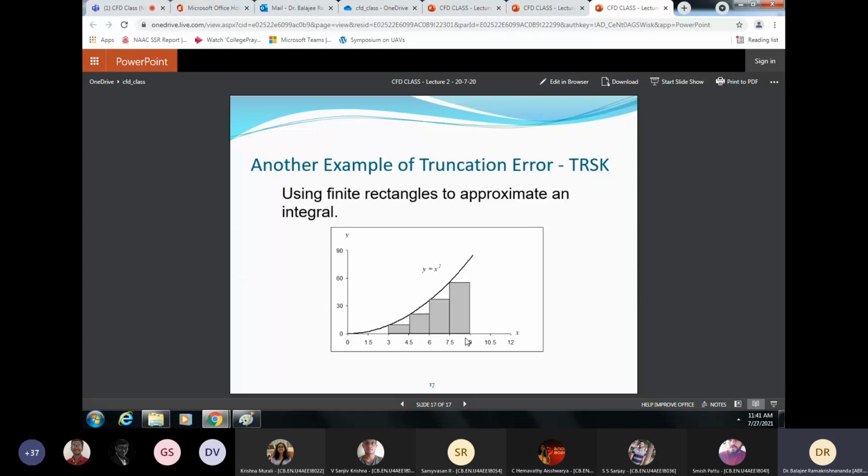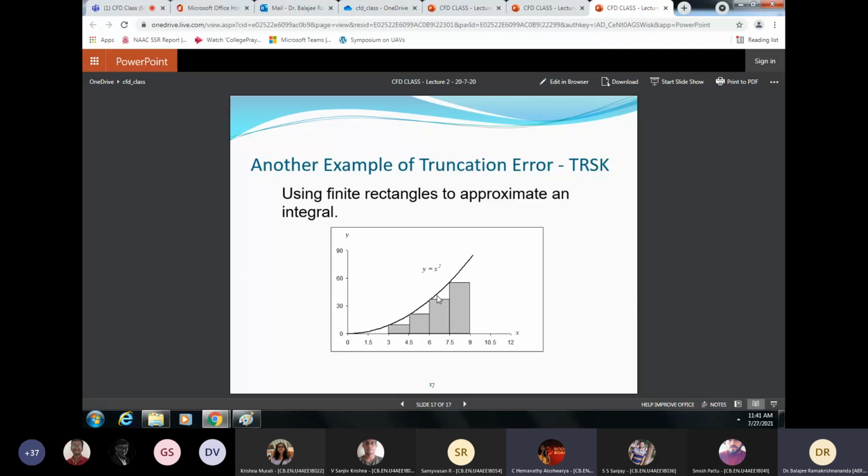Then they will be so close that this white area will become very, very less compared to this. Instead of 40, if I have 400, it will be much less. 4,000? Much less. Yeah. So that small portion, that white area, will still be there even if you have 40,000. But that will be the error you will be committing.